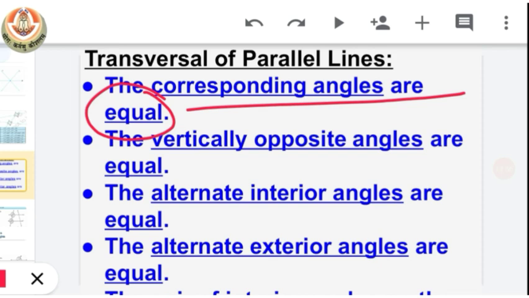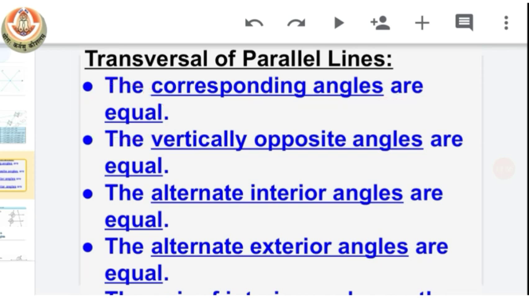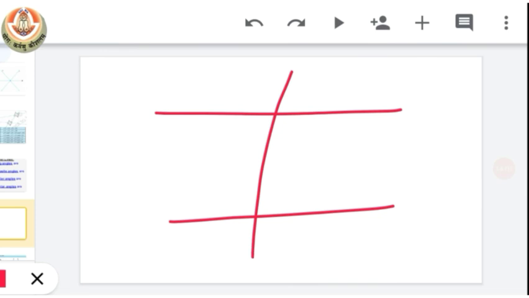That means we know what corresponding angles are. If these are two parallel lines, then this angle is corresponding to this one, this angle is corresponding to this, similarly this with this one and this with this one.